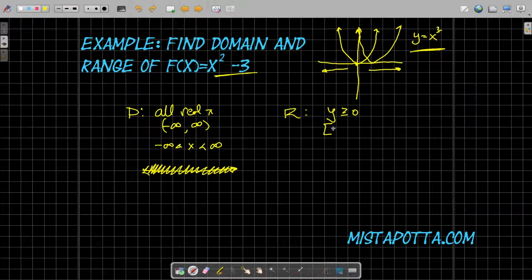In other words, going from 0 to infinity, or y lying strictly between 0 and infinity, possibly equal to 0. And on a number line, then I'm going to have 0 here. I'm going to be bounded by this, so either a bracket or a dot, and I'm going to be shading everything to the right.